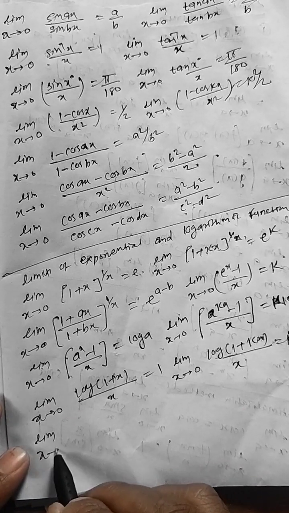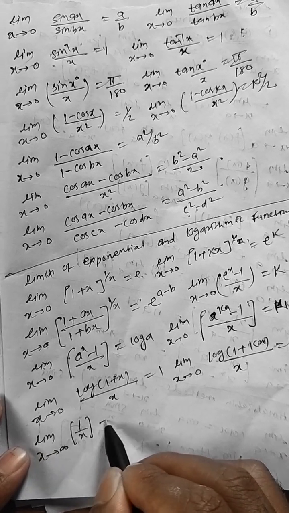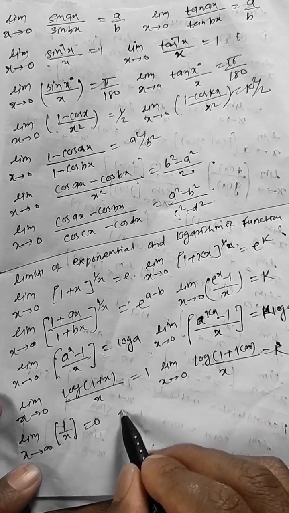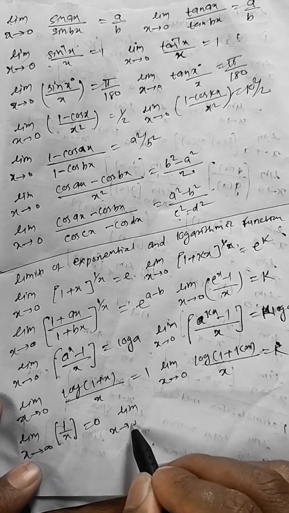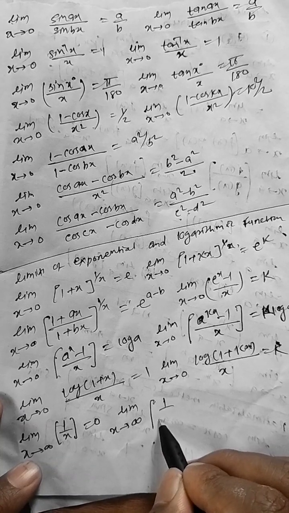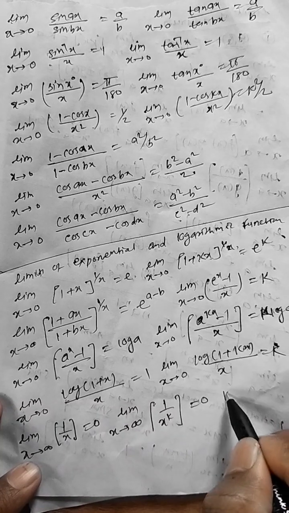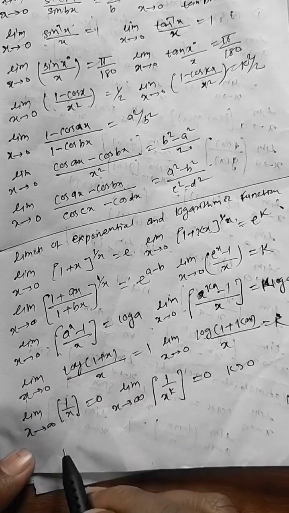Limit x tends to infinity 1 by x is equal to 0. Limit x tends to infinity (1 upon x) raised to k equal to 0, here k greater than 0.